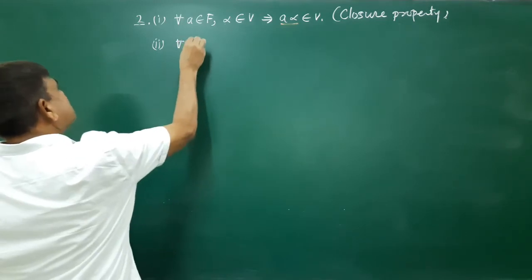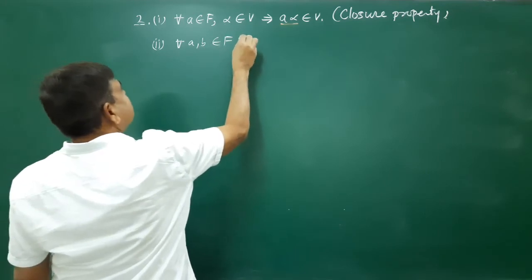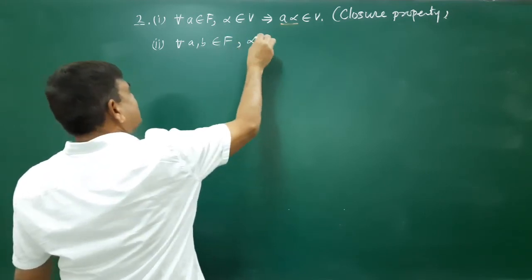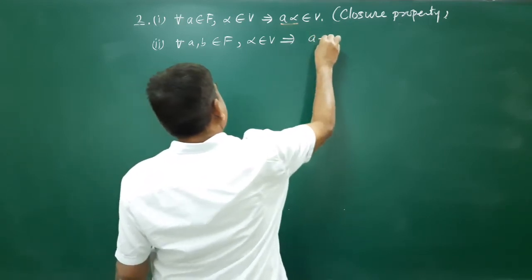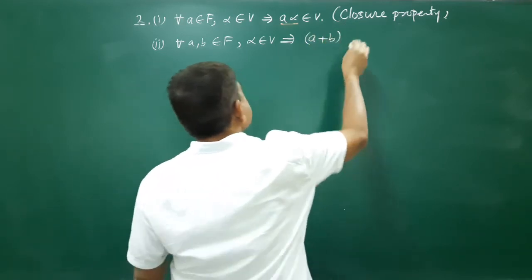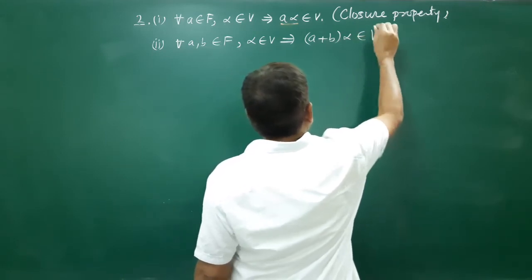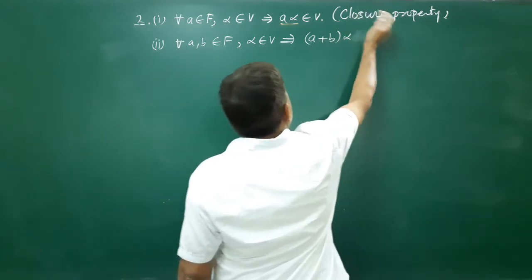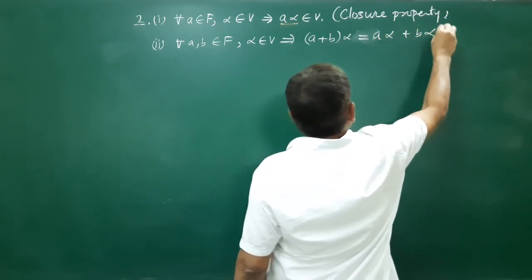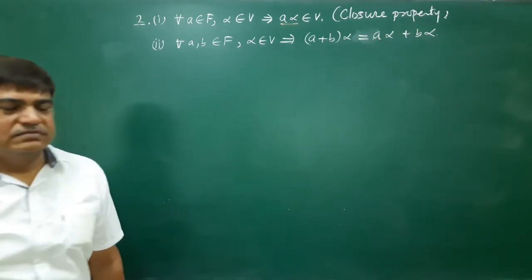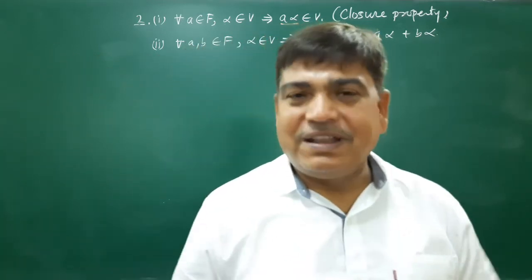For all A, B belongs to F, alpha belongs to V implies (A plus B) alpha equals A alpha plus B alpha. It looks so simple.